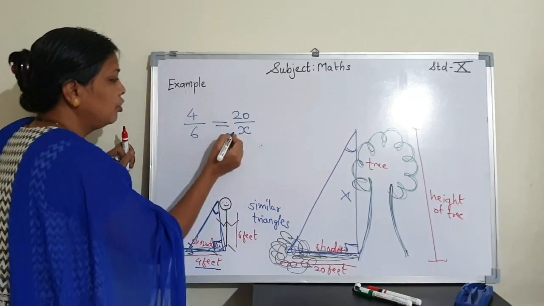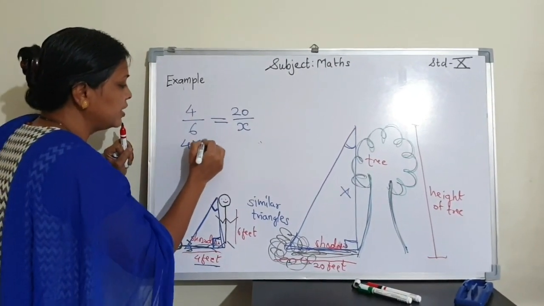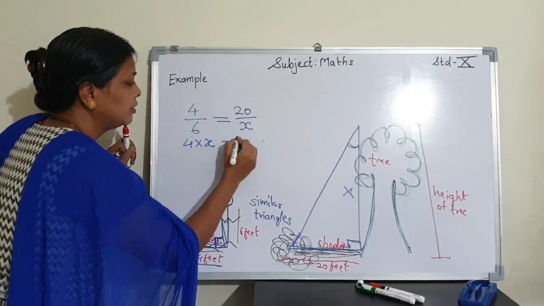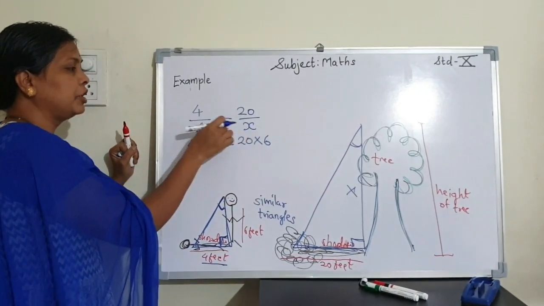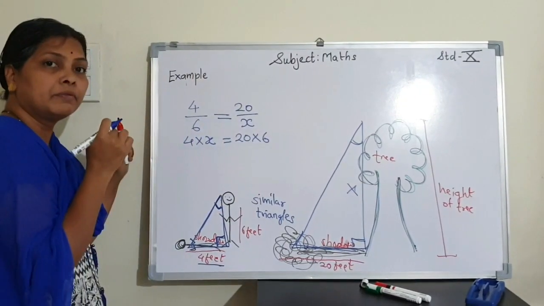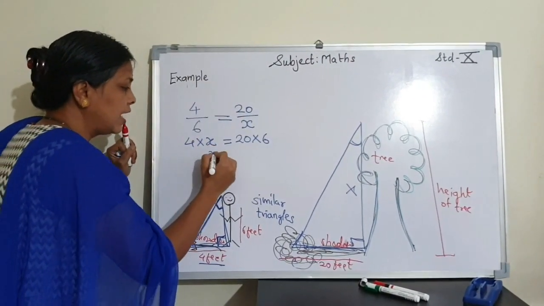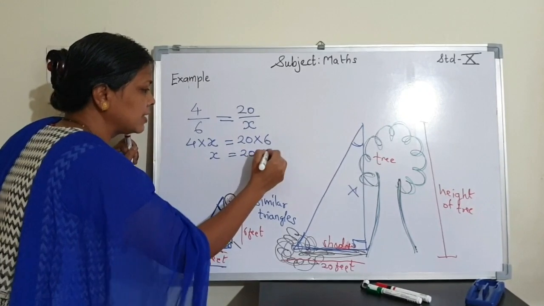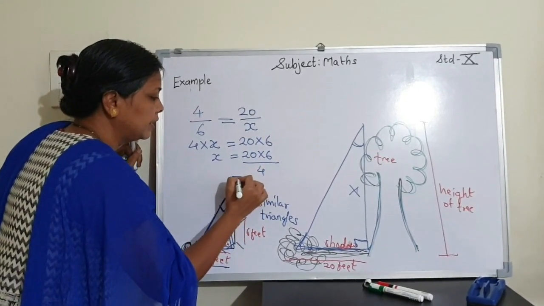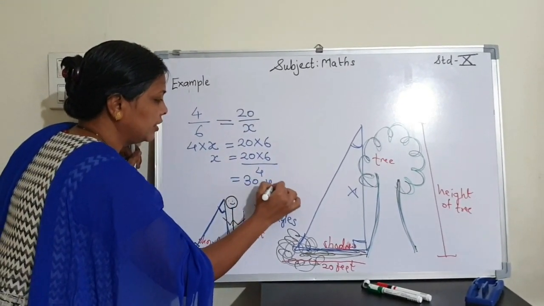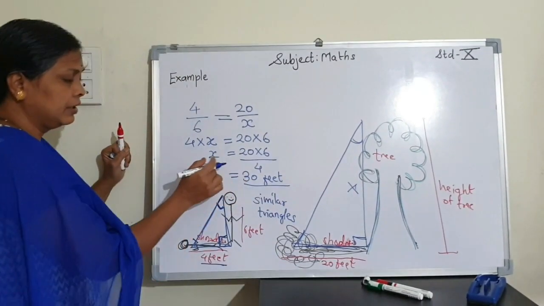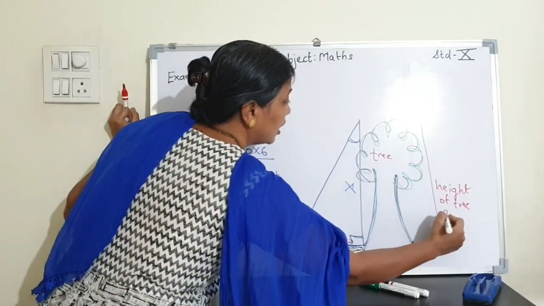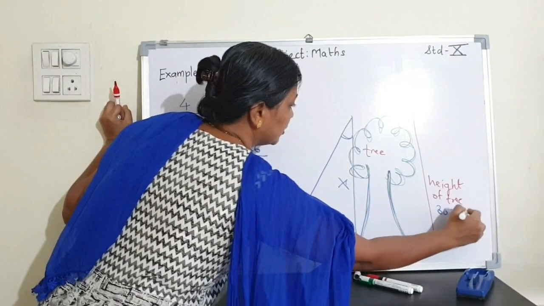So by transposing this, what do we get? 20 into 6. X we brought here, 6 we sent there. So what is the actual answer we get? We get 30 feet. So this is how we get the height of the tree as 30 feet.